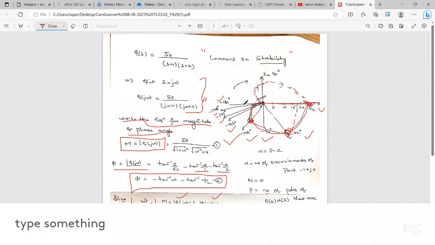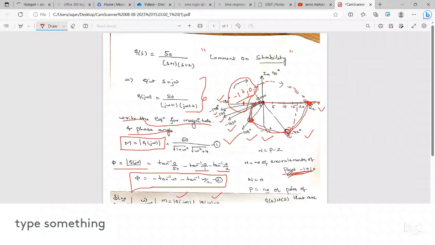Okay, and for this point, minus 1 plus j0, that is nothing but this point. The encirclements would be around here, but the plot is not going to encircle this minus 1 plus j0. So that we need to identify.